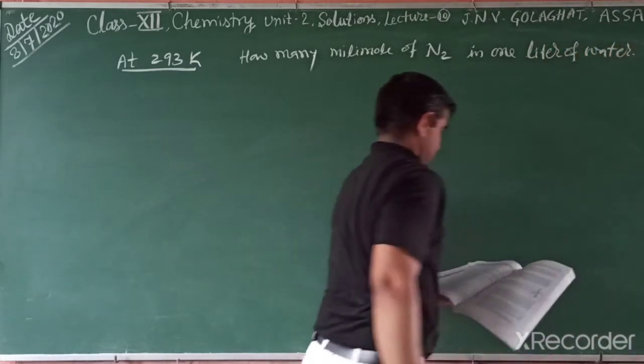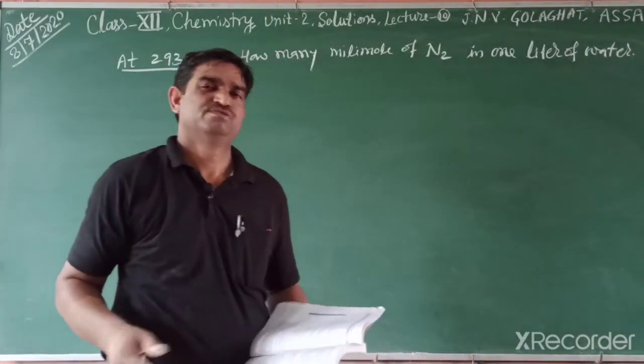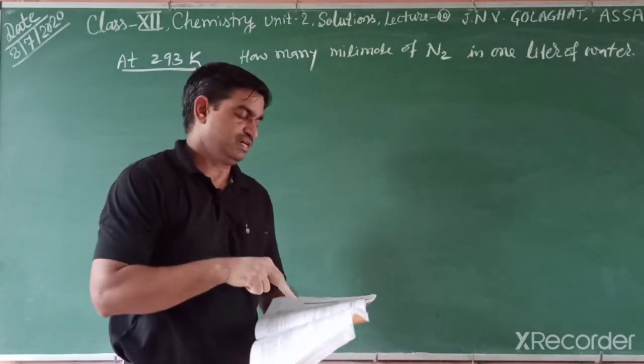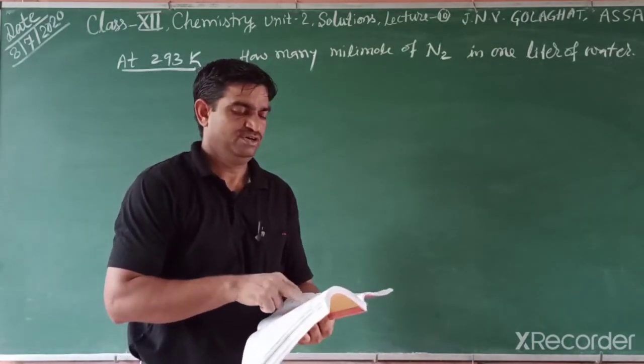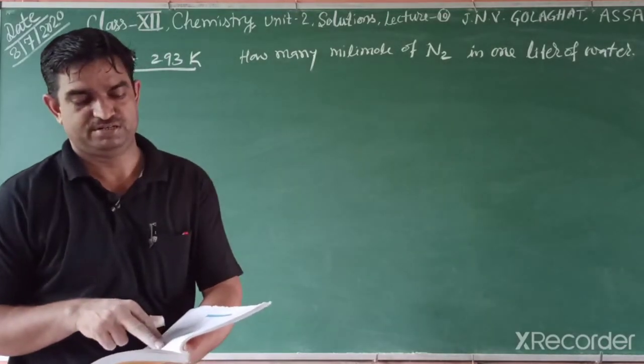This is the numerical. Nitrogen gas is bubbled through water at 293 Kelvin. How many millimoles of nitrogen gas would dissolve in 1 liter?